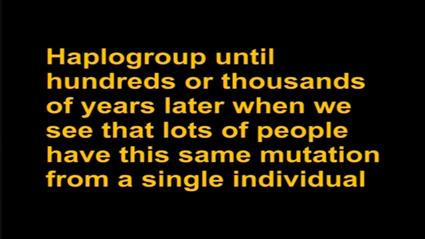So, if a new haplogroup is born today, we would not know it was a haplogroup until hundreds or thousands of years later when we see that lots of people have this same mutation from a single individual. As you might imagine, many haplogroups over the ages have died out, but some have been very successful, as evidenced by the fact that we are all here today.